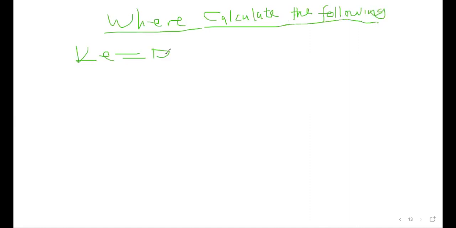So cost of equity is D0 (1 plus G) over P0, plus G.